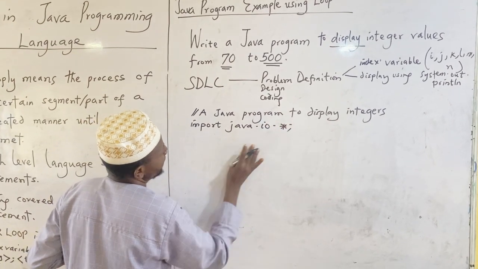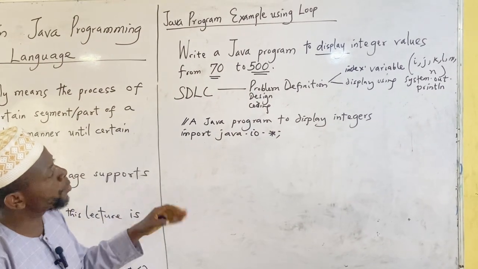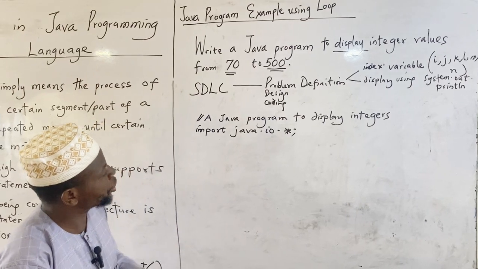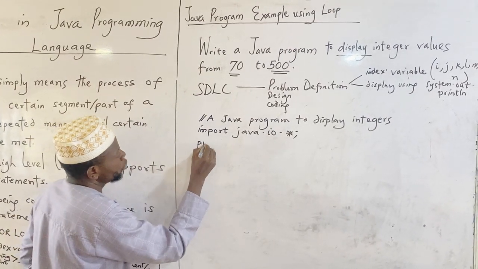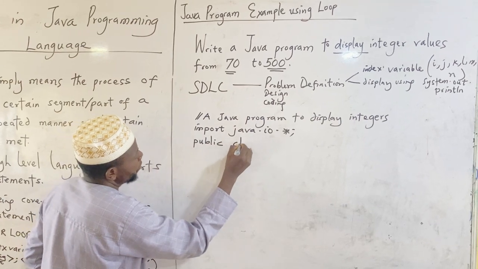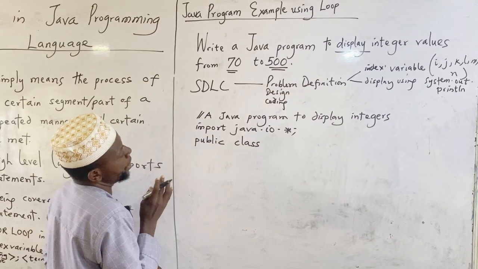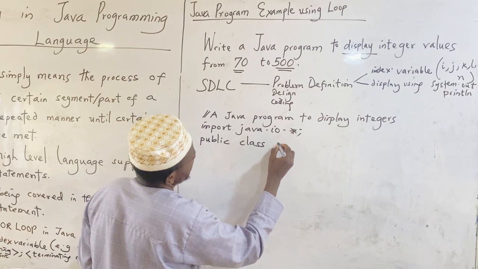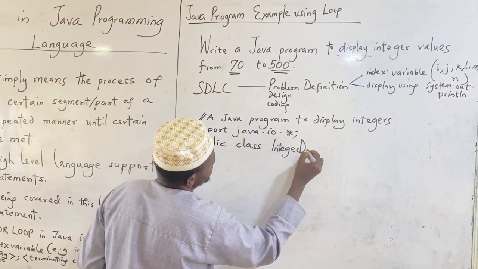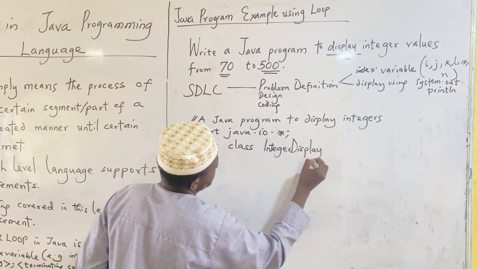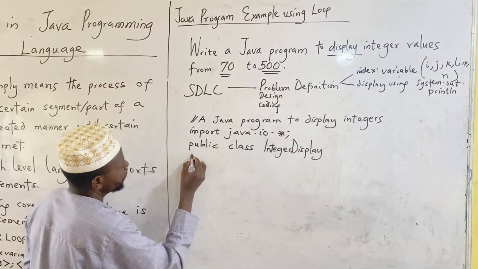I am not accepting any values from the keyboard, so I don't need to make use of the utility package. My IO package is sufficient. And then you specify the name of your main class. For this problem, I want to call it IntegerDisplay. As a programmer, you must be creative. I'm using camel case, IntegerDisplay.